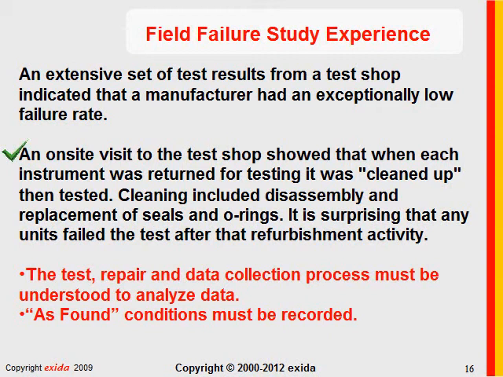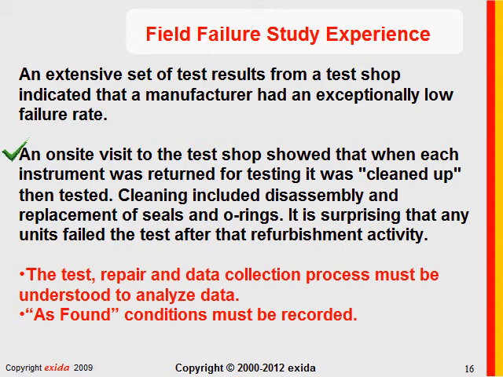An on-site visit to the test shop showed that their procedure involved cleaning up the instrument before testing. And in this case, cleaning included disassembly and replacement of seals and O-rings. In effect, they completely refurbished the unit before determining if it failed or not. It's surprising that any units failed after that refurbishment activity.